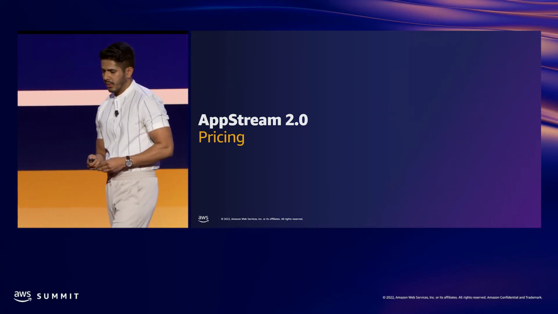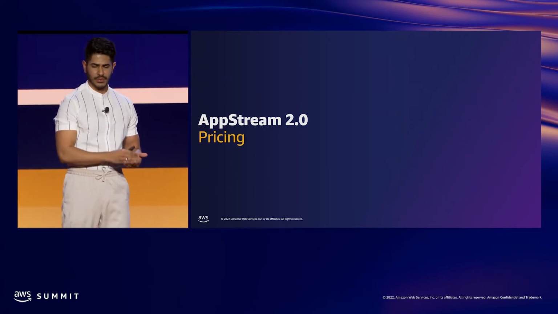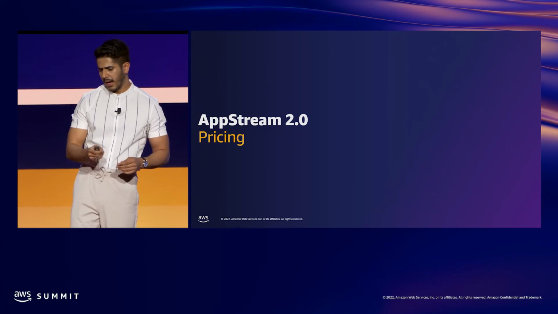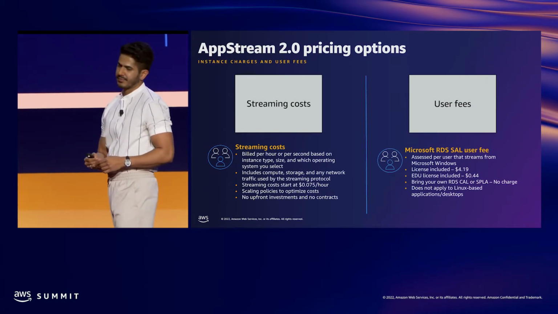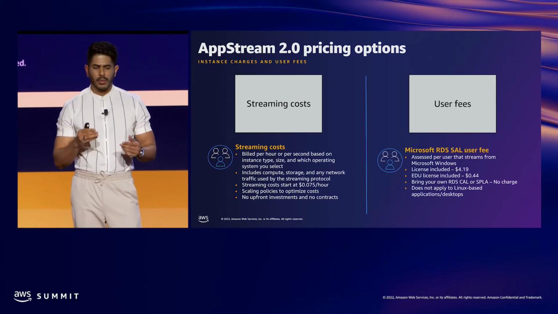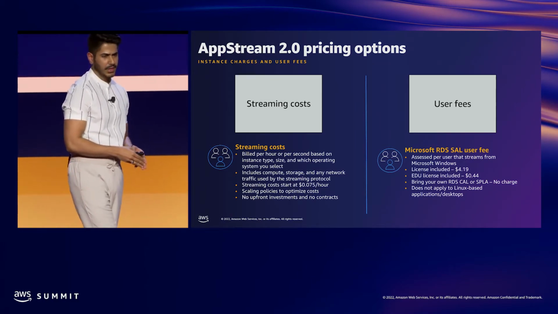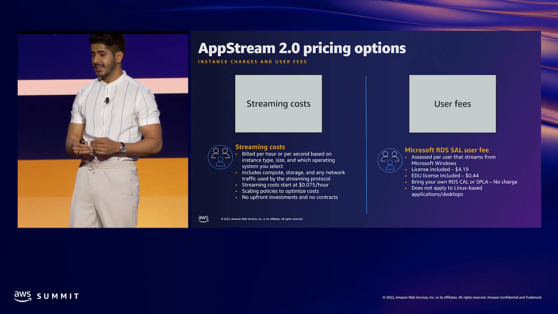So let's discuss pricing. I talked about two billing models with the two different fleet instance types, always on and on demand. But I also wanted to talk about the two different types of fees. With AppStream, there are two types of fees. One is the streaming cost itself, so this would be the number of hours that your fleet instances are running.